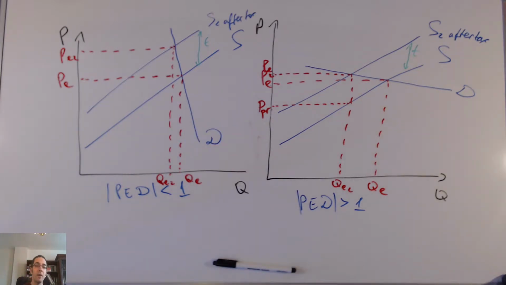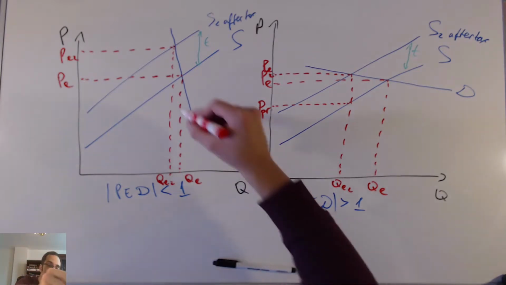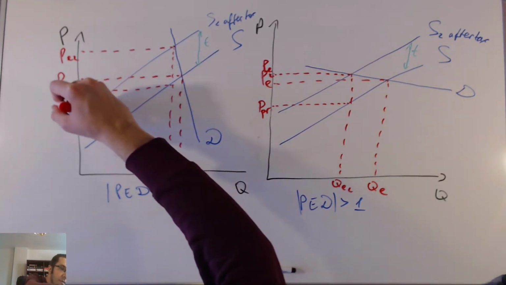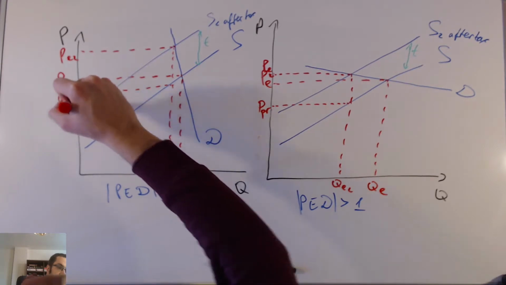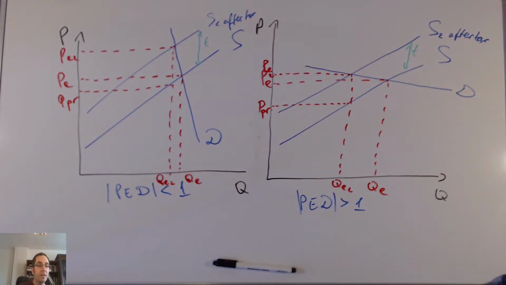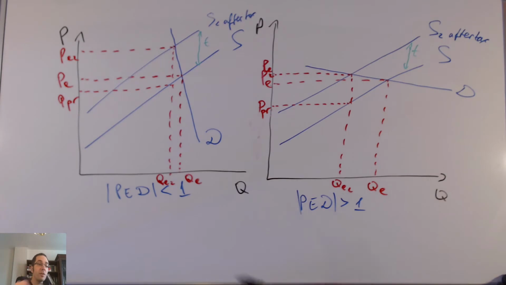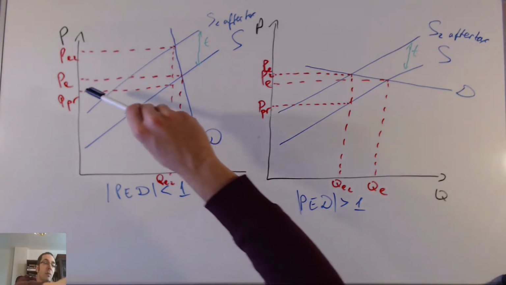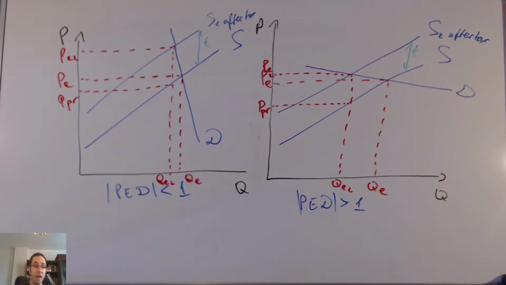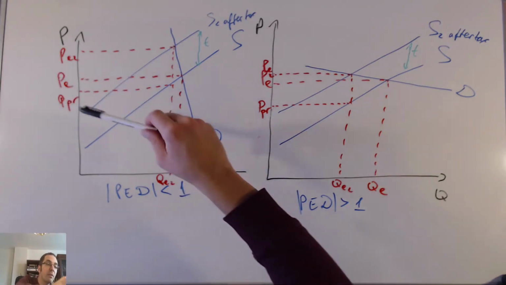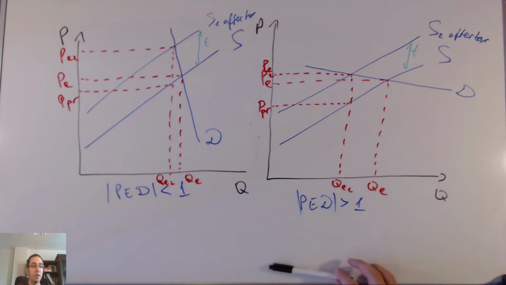On the other hand, when we have inelastic demand, this would be the price for the producers after tax, and we can tell that because of the relatively small decline in quantity demanded, the price for the consumers increased substantially. It went from PE to PE2, and the price for the producers declined, but by a lot smaller value, from PE to PR2.